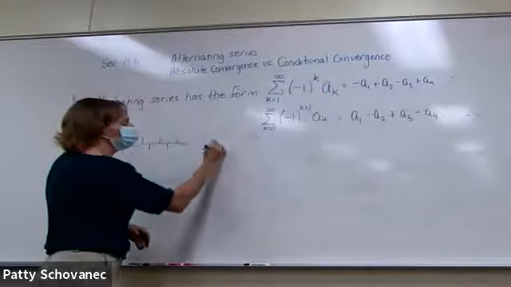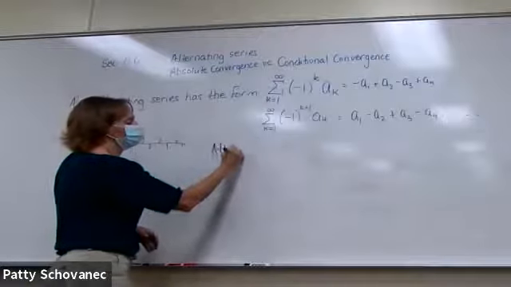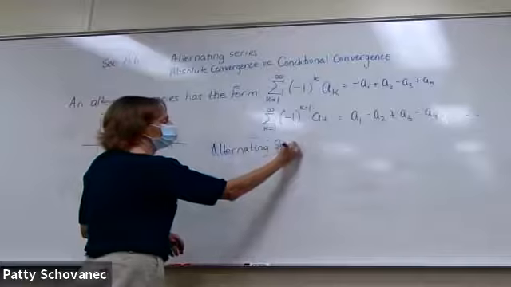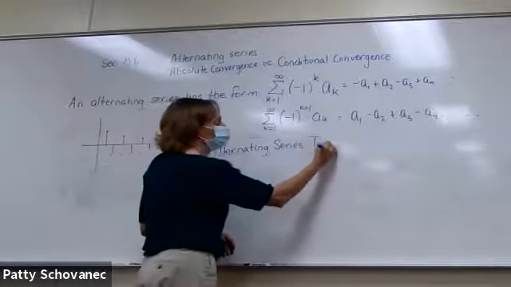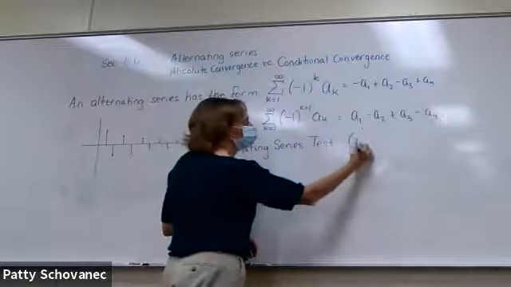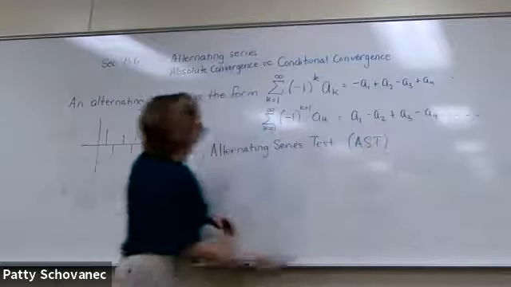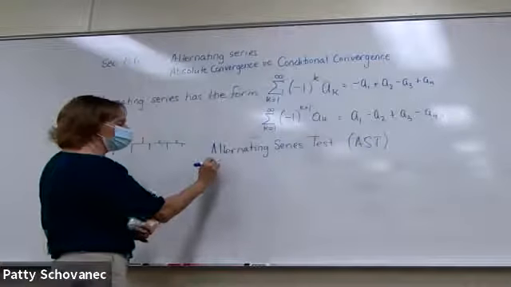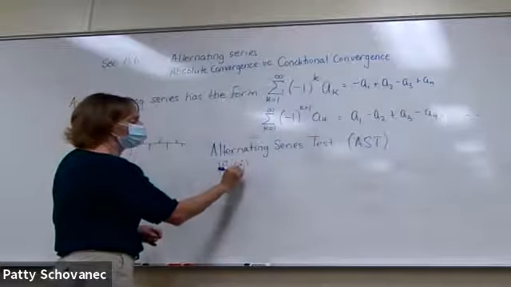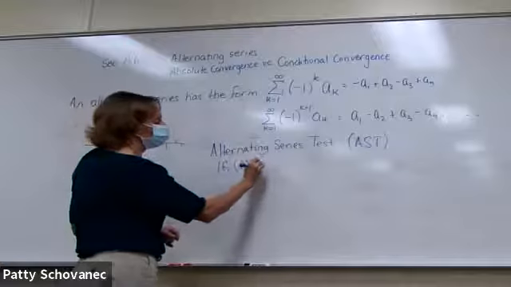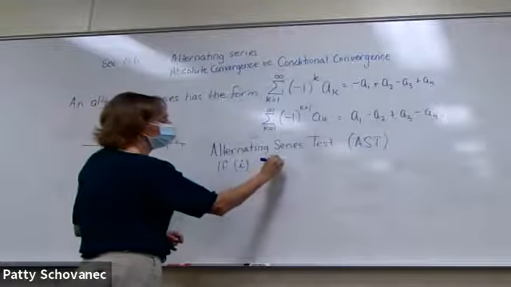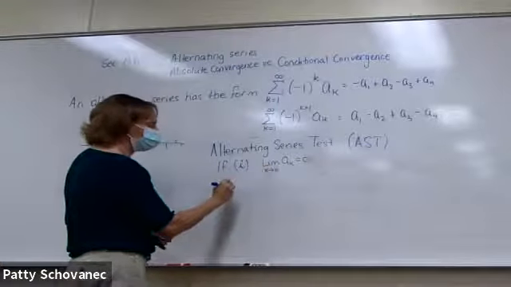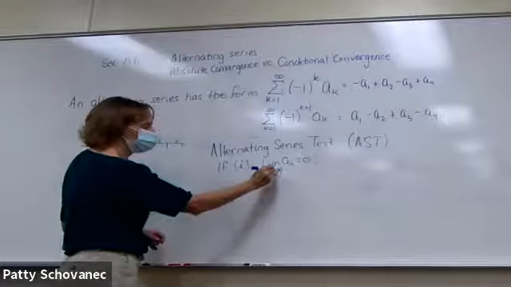So, the so-called alternating series test applies to either one of these two forms, and you need two things. Step one, the limit of the a_k terms is 0 as k goes to infinity.